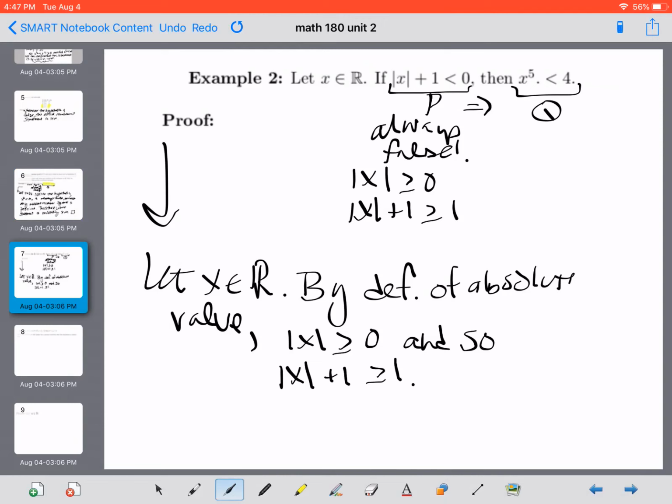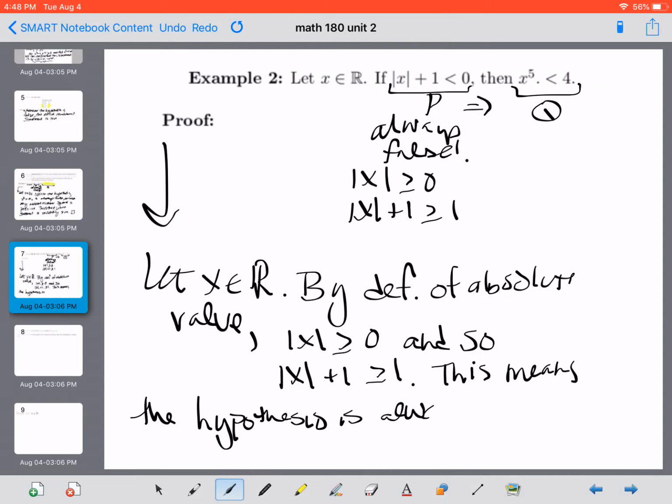So in particular, it's never less than 0, and so this means the hypothesis is always false. And so the entire statement is vacuously true.